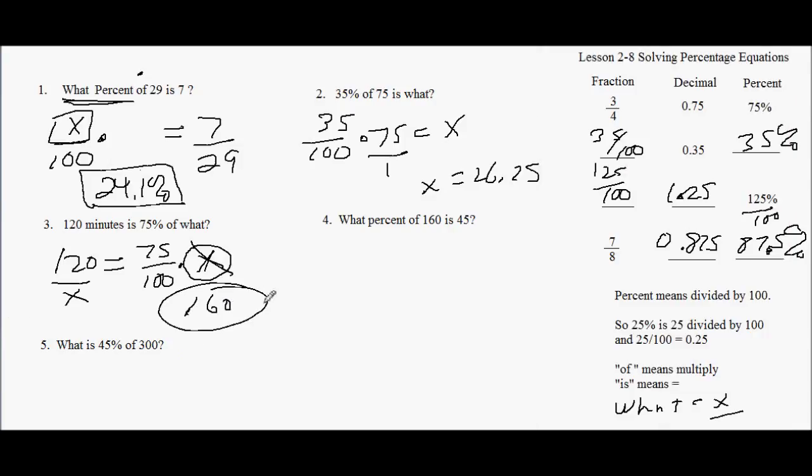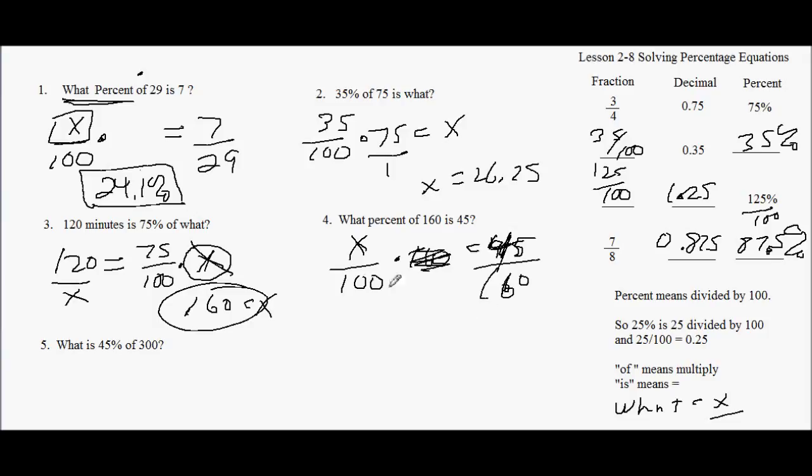That's the number, x. Okay, what percent of 160 is 45? So what percent is x over 100 of 160 is 45. So I'm going to divide both sides by 160. That goes away. I know this, I'm a really terrible writer.